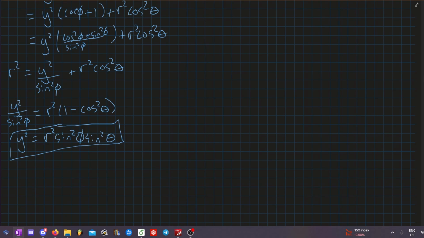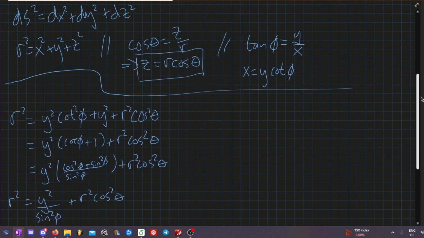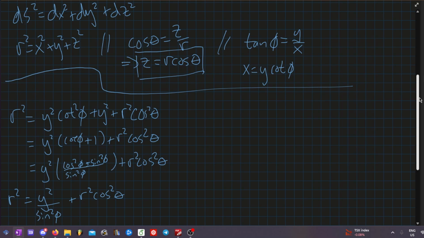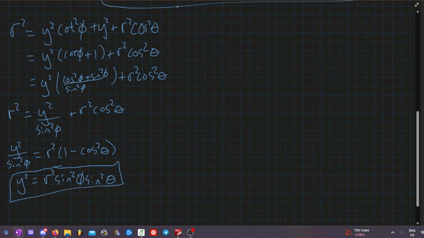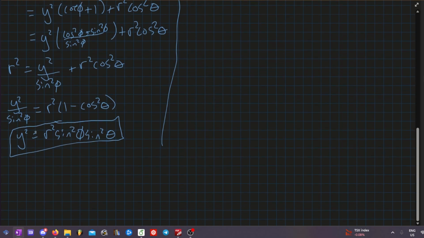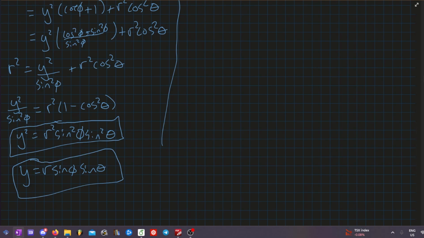So let's just remind ourselves what we have for z. No, z is okay. We need to do x. So x equals y cotangent of phi. And actually we should write our y unsquared here. I don't know why I put a box around that. We should actually look at y equals r sine phi sine theta. This is what we're mostly interested in.